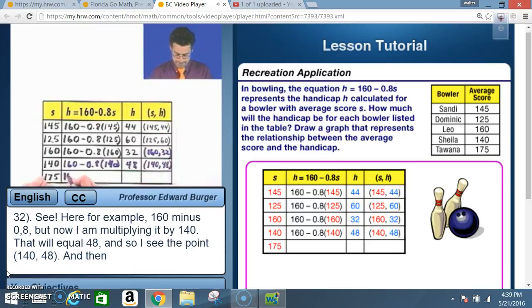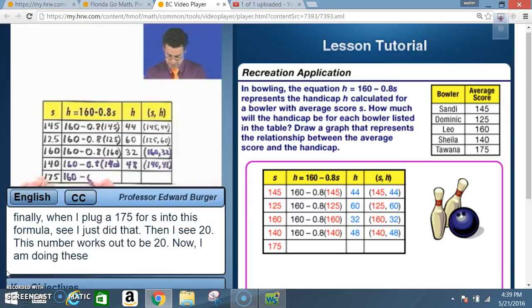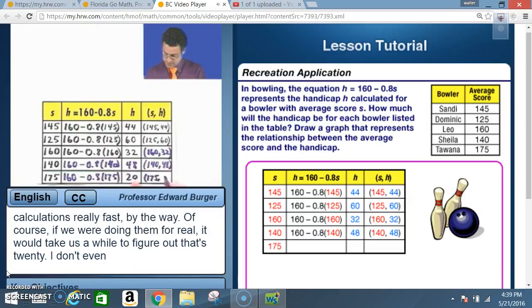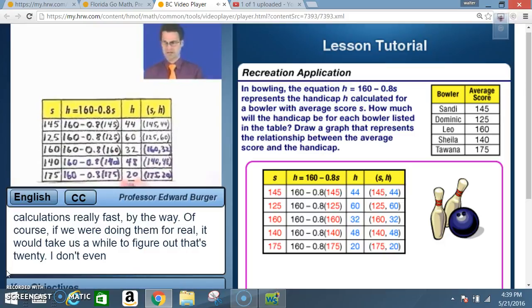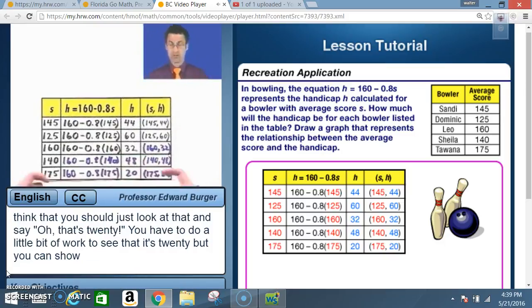And then finally, when I plug in 175 for s into this formula, see how I just did that? Then I see this number works out to be 20. Now, I'm doing these calculations really fast, by the way. Of course, if we were doing them for real, it would take us a while to figure out that it's 20. I don't think you should just look at that and say, oh, it's 20. You have to do a little bit of work to see that, but you can show that it's 20.